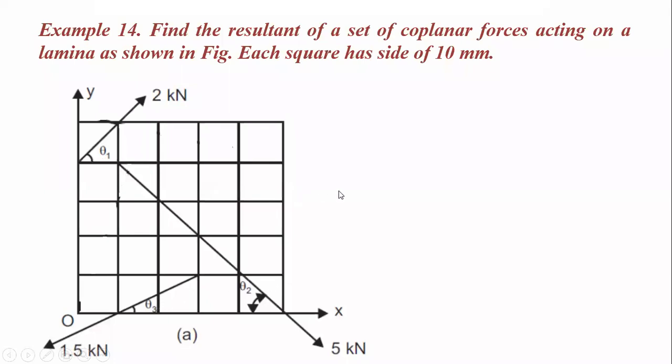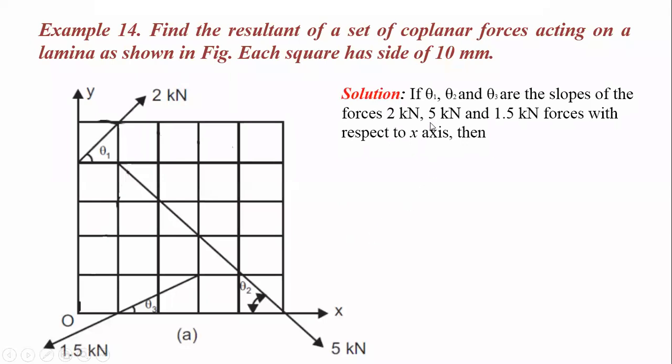Now let us see how to find the values. Theta 1, theta 2 and theta 3 are the slopes of the forces 2 kilonewton, 5 kilonewton and 1.5 kilonewton with respect to the x-axis.